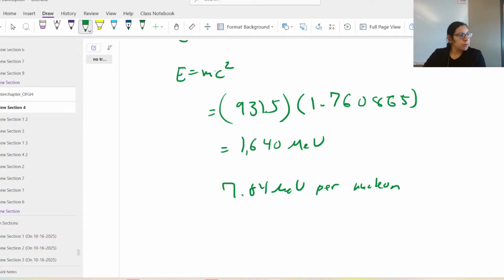So that's a cool calculation as well. Okay, let's look at some other half-life equations.